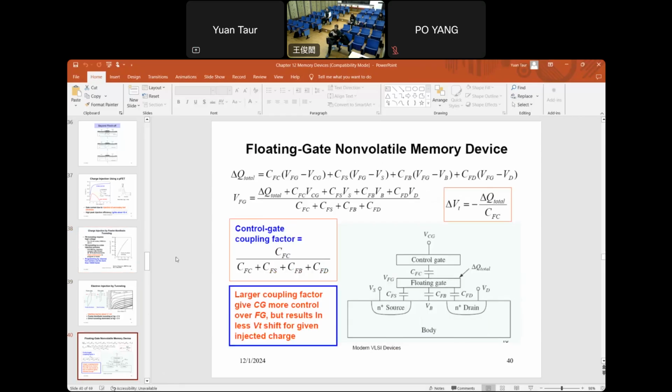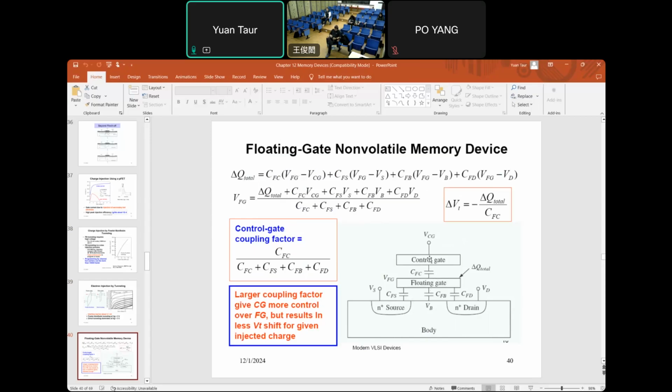Okay. So in general, we consider the floating gate. We have a control gate that is tied to the control gate voltage, VCG, and then we have the floating gate here. The floating gate is only capacitively coupled. There's no DC connection. It has a capacitor to the control gate, and capacitors to the source, drain, and body, shown here.